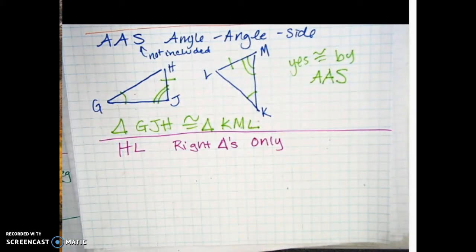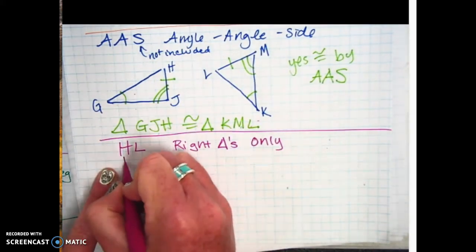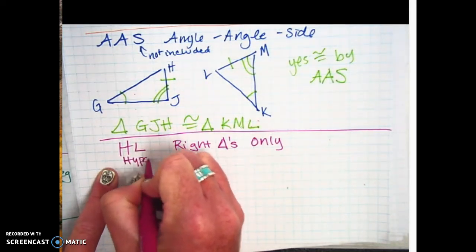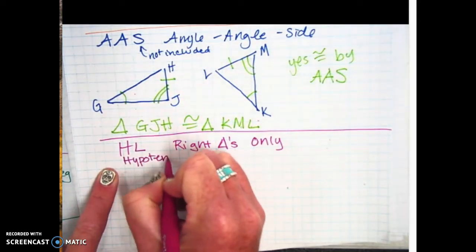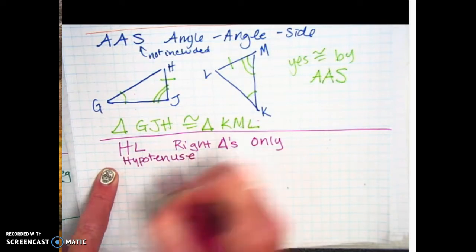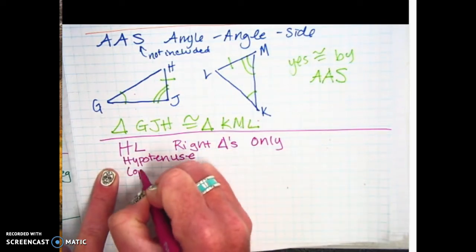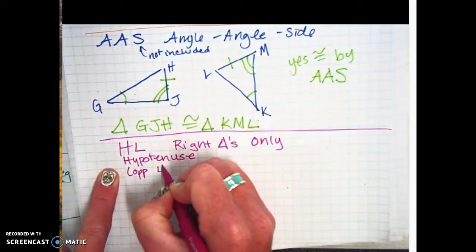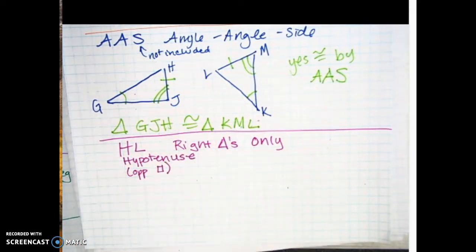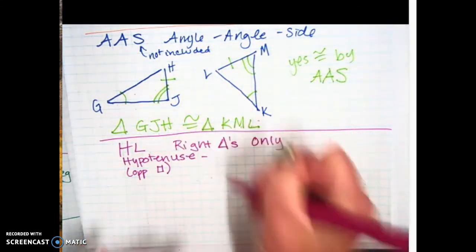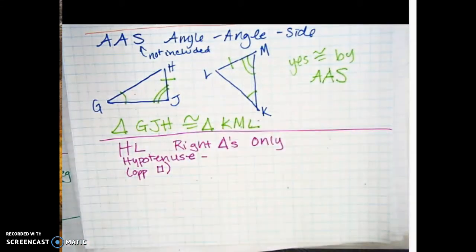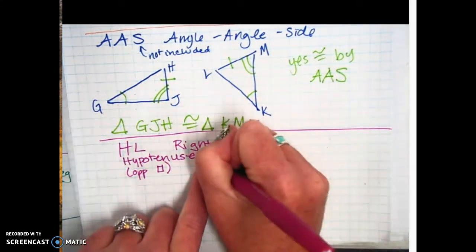So that HL, that H is standing for hypotenuse. And that hypotenuse is always opposite the little box, right? Opposite wherever that 90-degree angle is at. And then you're going to have the hypotenuses congruent to each other, and then one of the legs.